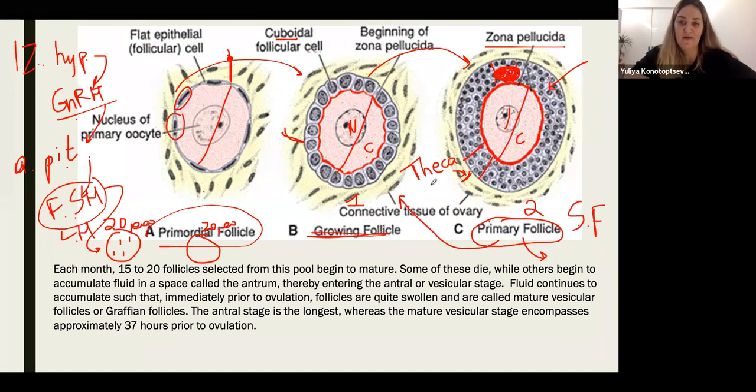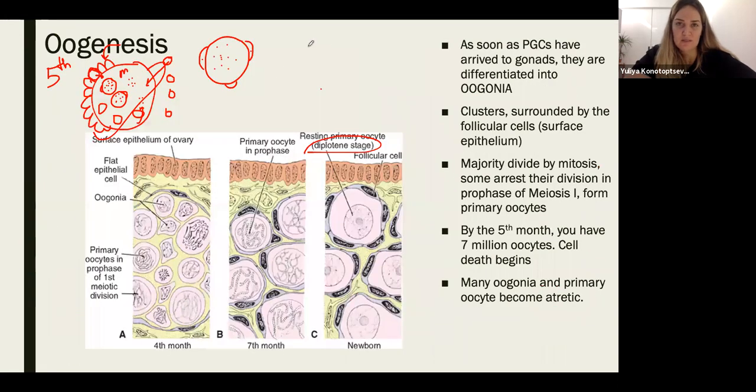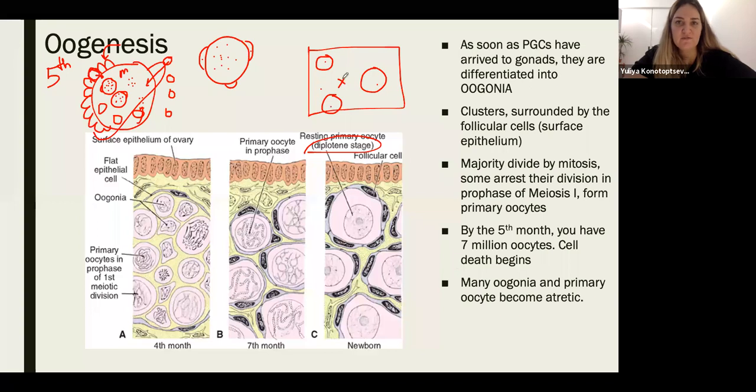Theca folliculi. So if you imagine this is like a piece of ovary, we have one follicle here, another follicle here, another follicle here. Is this theca folliculi? It isn't. It's just a normal connective tissue of the ovary. How about if I put it here? Is this theca folliculi?